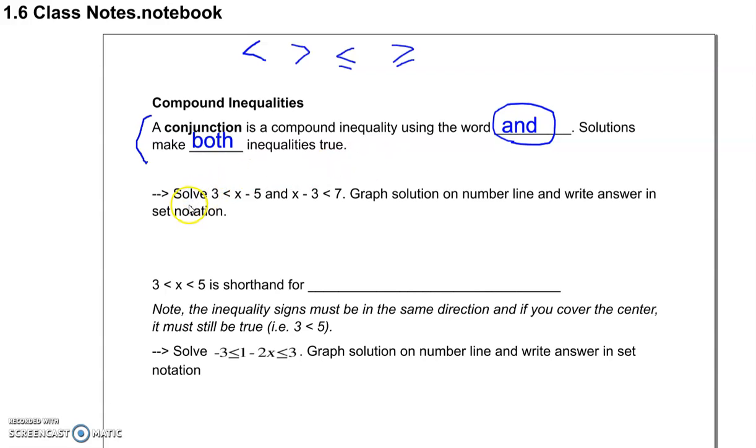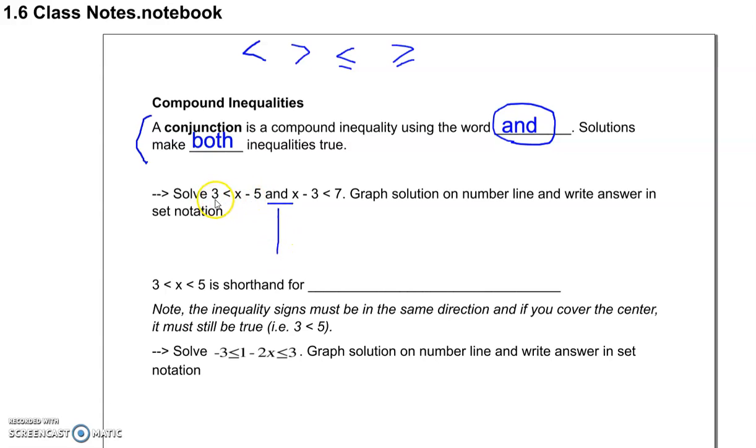So let's look at an example. Solve 3 is less than x minus 5 and x minus 3 is less than 7. That means our solutions are going to be all the values of x that make both of those inequalities true. So whenever you see that word and, you need to think both. So the way that you solve this is you solve the 2 separately.